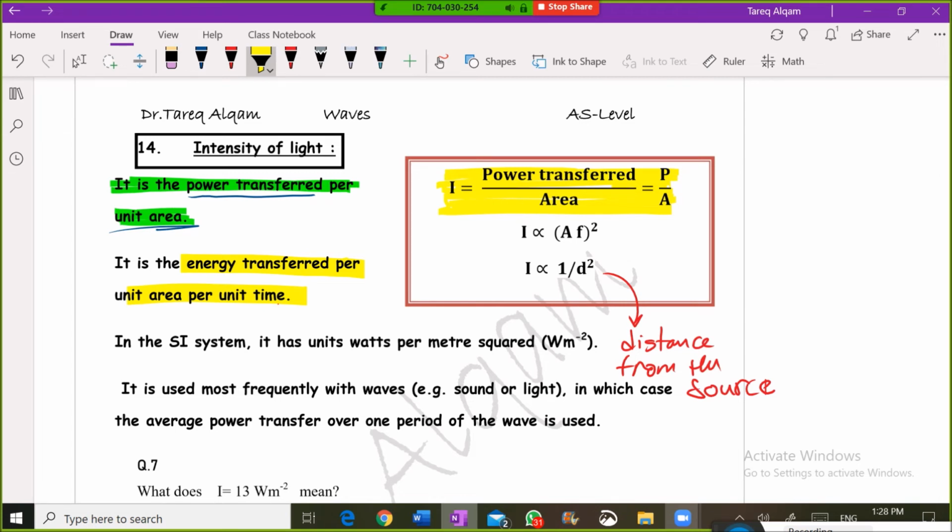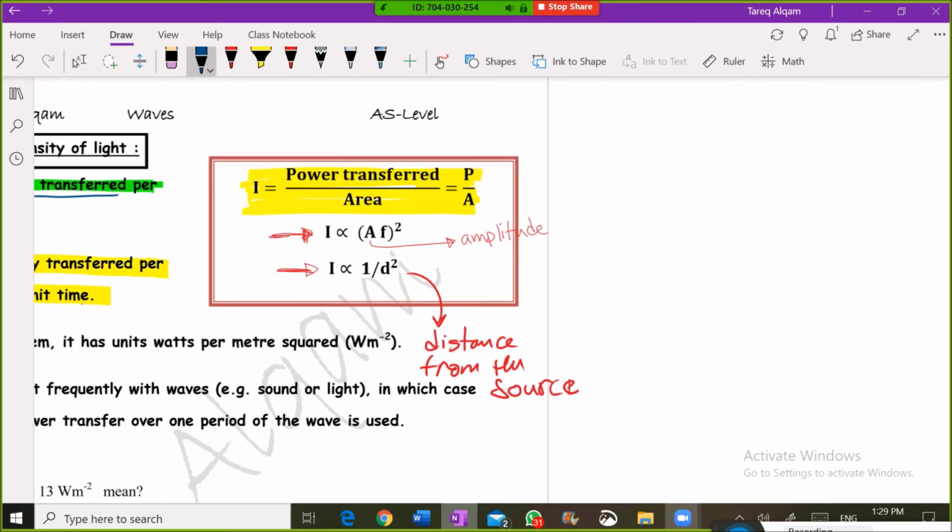Also, this intensity is proportional to the amplitude squared. This is an important point. And inversely proportional to the distance squared also. So using these relationships, I can write the following. I think you are familiar with that now. I2 over I1 equals A2 over A1 squared.